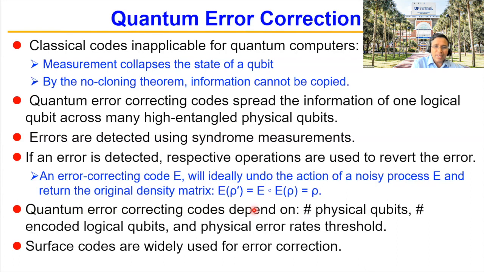But unlike the classical domain, you have different kinds of error correcting codes, and the distance of the code and all that stuff is important. But we can't use them directly in a quantum computer, because the moment you measure, it collapses the state. And we also cannot copy the information. So the idea of error correction, where you keep a backup or redundancy, doesn't work.